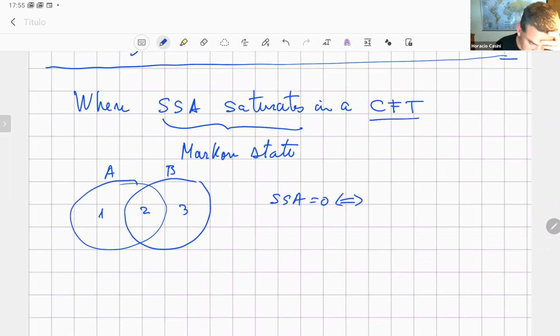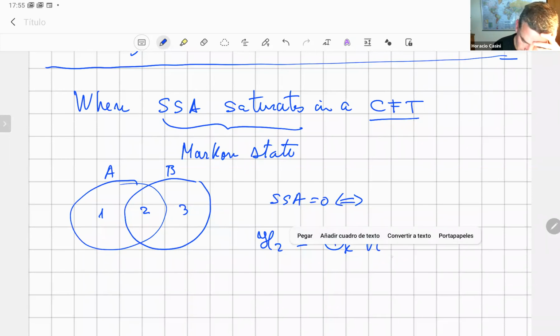If and only if you can write the Hilbert space in region 2 as a sum of different sectors which are in tensor product. This is like left and right.